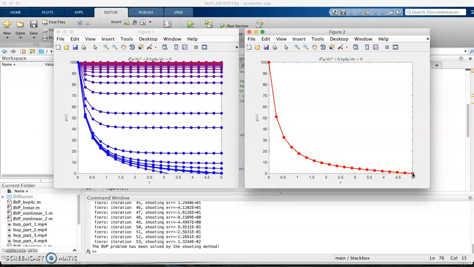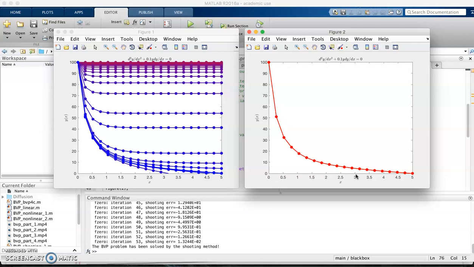So to recap, we didn't actually use the condition on the right end initially. We used the initial value on the left end and guessed the initial slope on the left end. We corrected our guess, which is the slope, such that we get the right end solution exactly equal to 0. And this is how it's done in Matlab using F0 as a root finder plus OD45 to solve the differential equation.